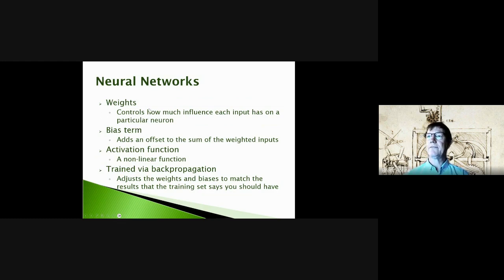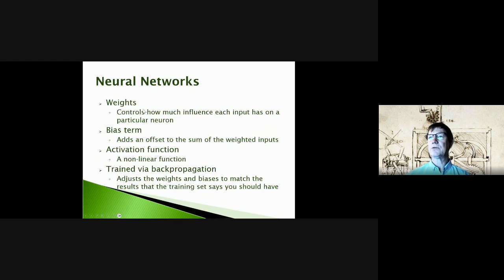So we have all these different neurons. These weights control the strengths of the connections between them. And you can think of those as synapses if you've taken a little biology and studied that. I hope you've had some exposure to that. There's also a bias term, right? So we can add an offset to the sum of the weighted inputs.